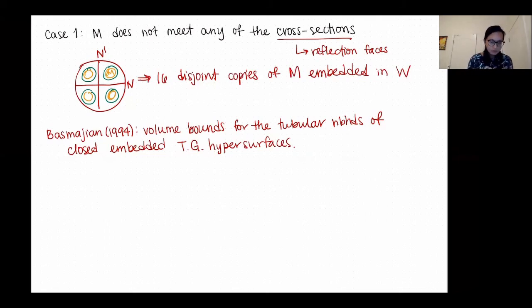So the volume of our manifold W would have to be greater than or equal to 16 times this volume bound from Basmajian, corresponding to the volume of M. But this gives a contradiction, because even if we put the smallest volume hyperbolic 3-manifold into this volume bound, it is too large.